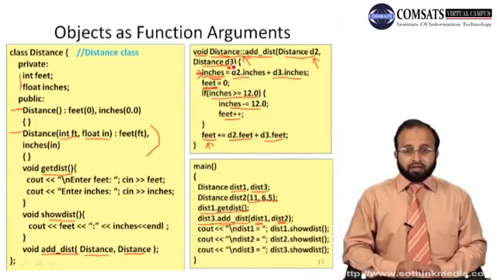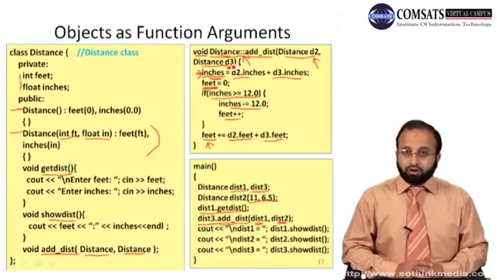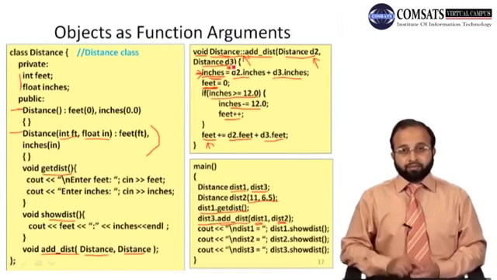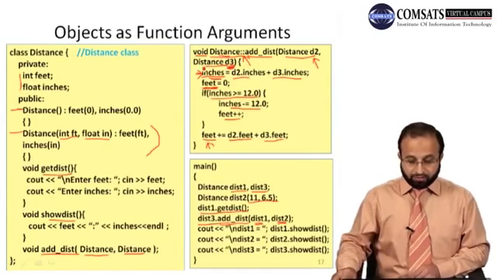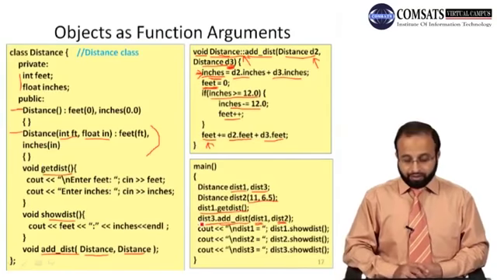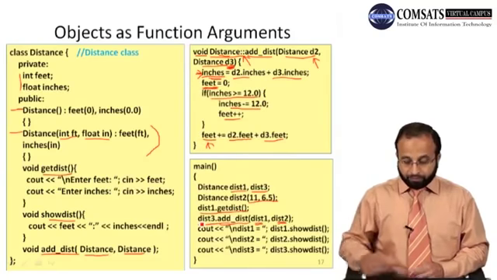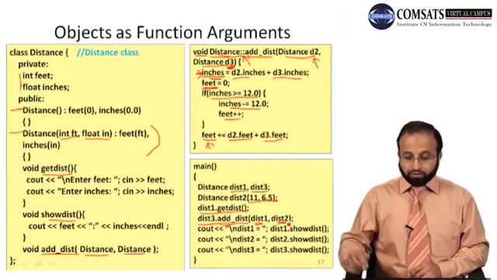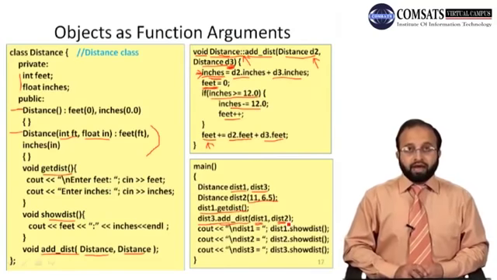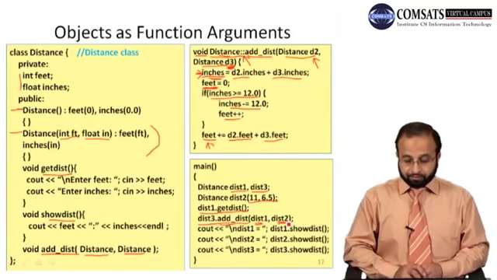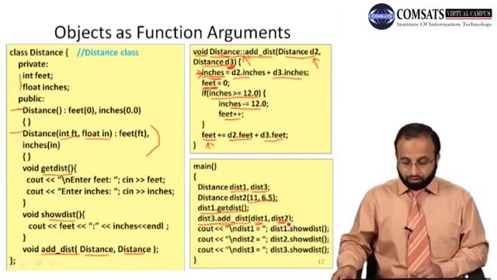That means they are created when the addDest function is called, and they will be destroyed when the addDest function finishes. फिनिश कब होगा? जब इसने सारी स्टेटमेंट एग्जीक्यूट कर ली हैं और दोबारा वो मेन में वापस आ जाएगा कंट्रोल, राइट? So dest1 और dest2 की values they will be copied to d2 and d3, and then we call show dest function with these three objects, dest1, dest2 and dest3.